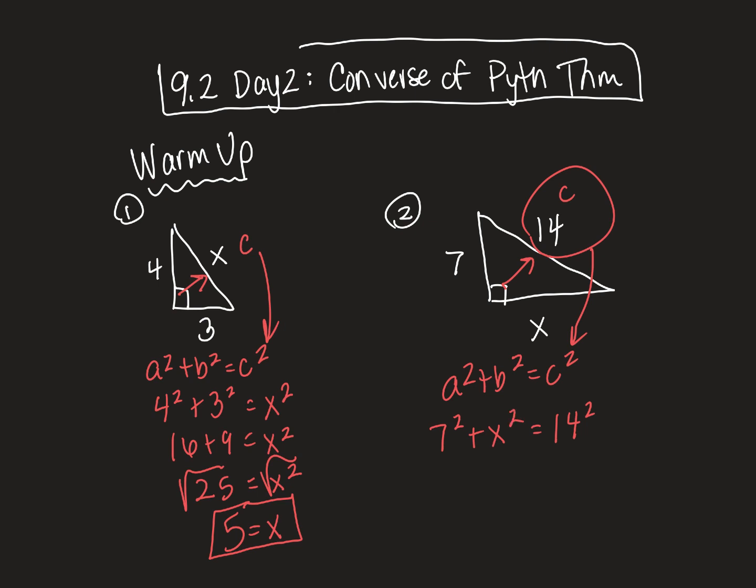So 7 squared plus X squared equals 14 squared. So we'll get 49 plus X squared equals 196. And then we're going to isolate the X squared term by subtracting 49 on both sides. So X squared will equal 147.